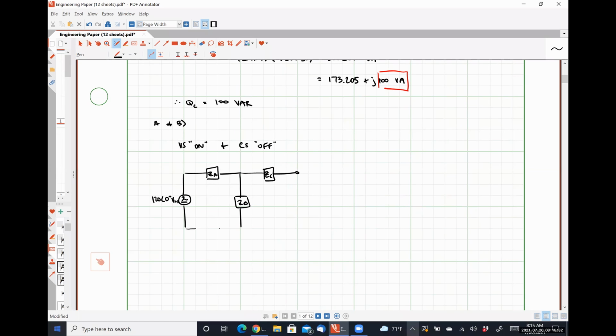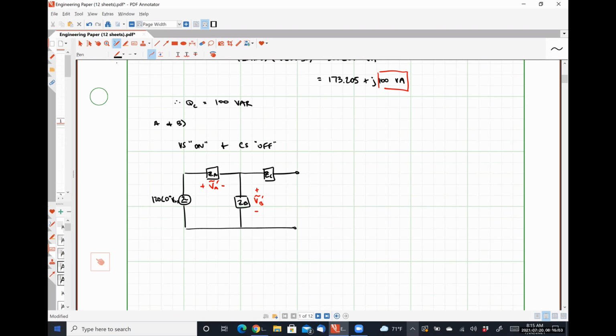Because my current source is off, I replace it with an open circuit. Here is VA prime, here is VB prime.